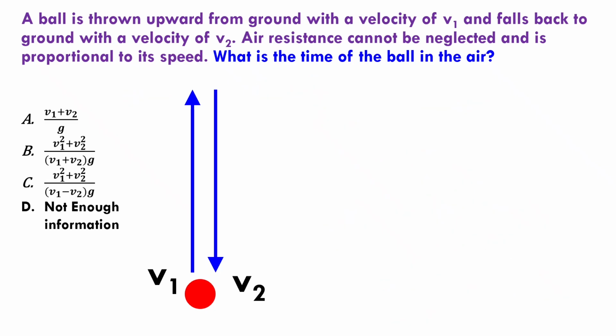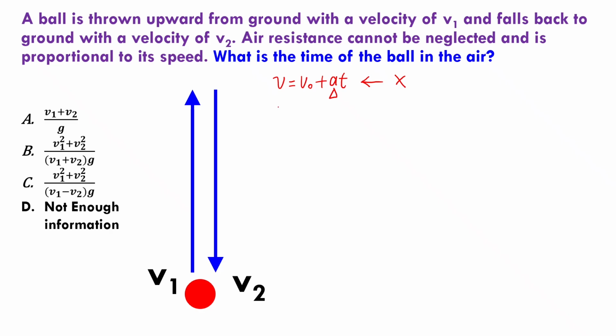Velocity equals the initial velocity plus at, and this equation assumes the acceleration is a constant. In our case, acceleration is not a constant, so this equation doesn't help us too much. Then how about we look at the graph?